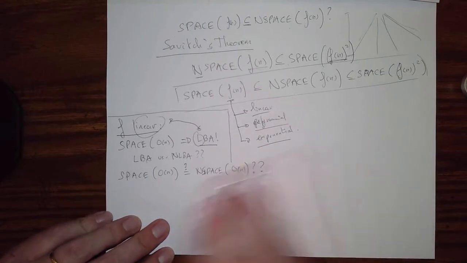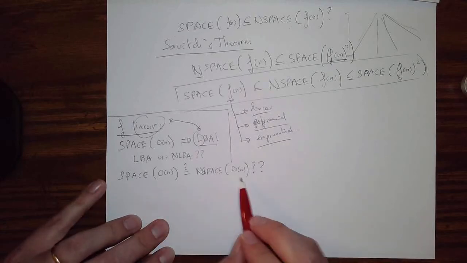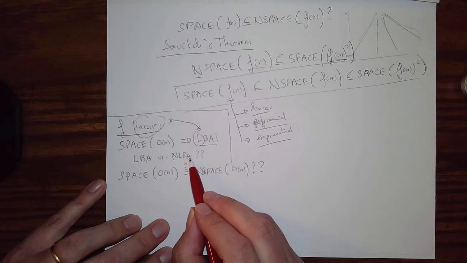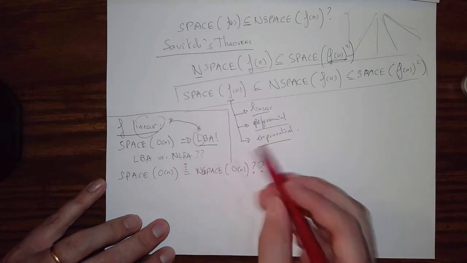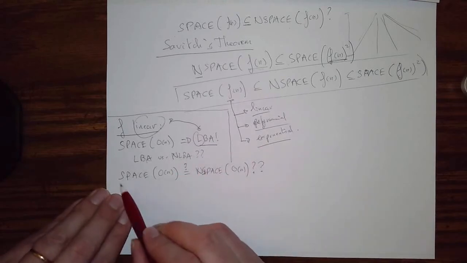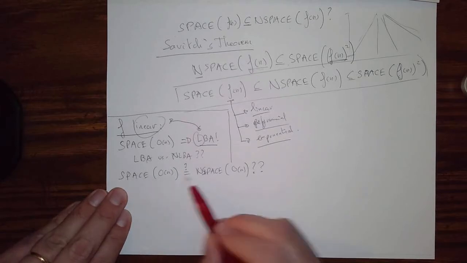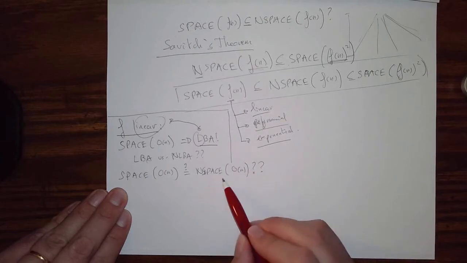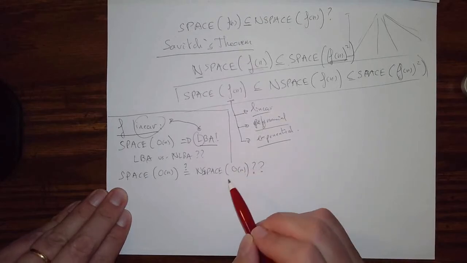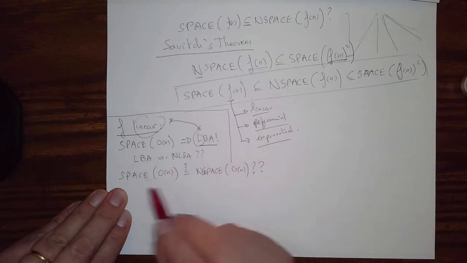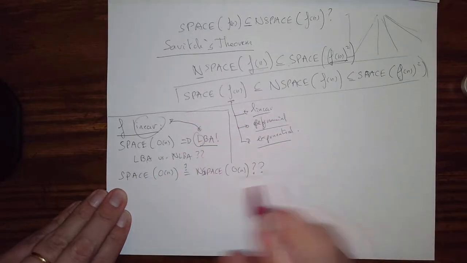So how does this mean the same thing as asking whether LBA and NLBA recognize the same class of languages? Well, this is a class of languages that have linear space complexity, and this is a class of languages that have linear space complexity with a non-deterministic Turing machine. So this is basically the same question.